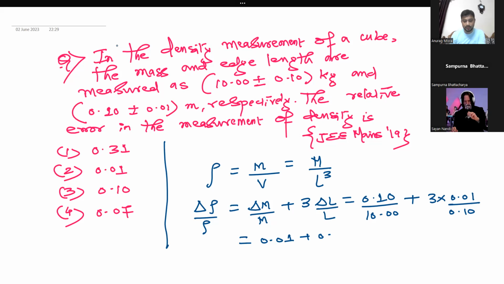How much? Find it out. It comes to 0.3, right? Yes or no?